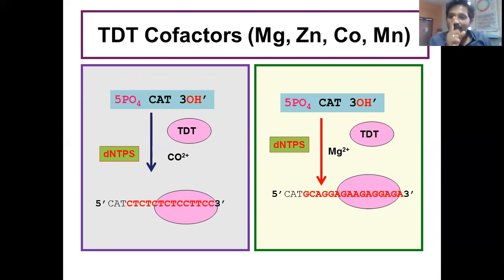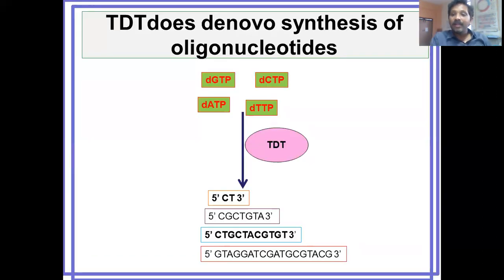So based on the metal, you can polymerize the pyrimidines or purines. That facility is there with terminal deoxynucleotide transferase.